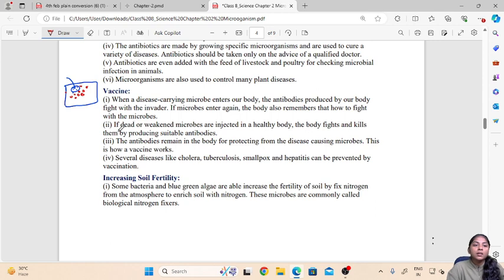Then if dead or weakened microbes are injected in a healthy body, the body fights and kills them by producing suitable antibodies.